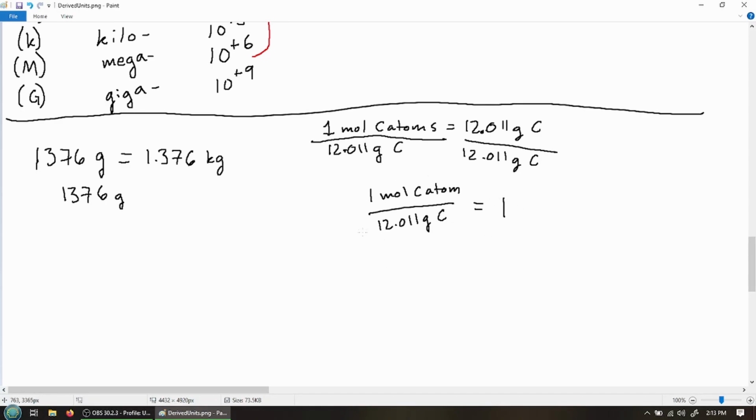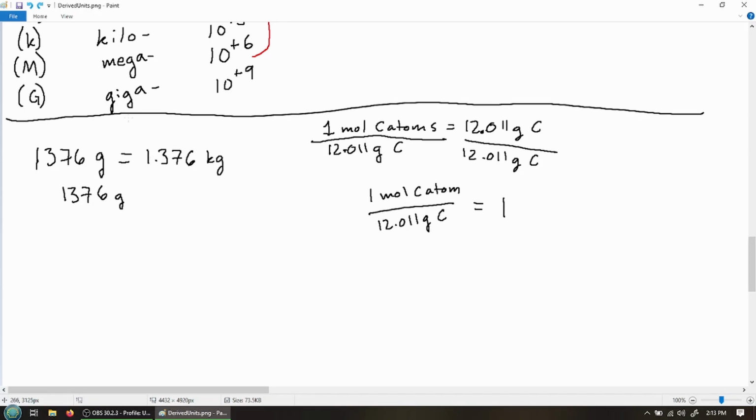But by writing the 1 in this unique format, we can convert something from being expressed in terms of grams of carbon to being expressed in terms of moles of carbon atoms. Just in the same way that we can convert something expressed in feet to something expressed in inches or even centimeters without changing the amount of distance we're talking about.